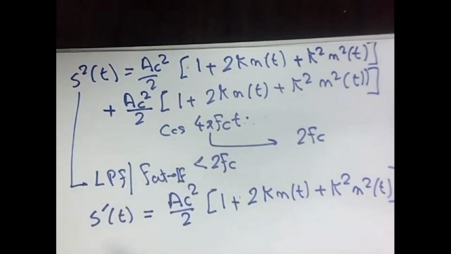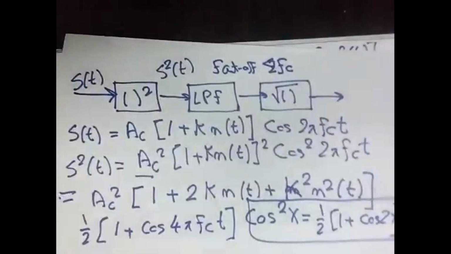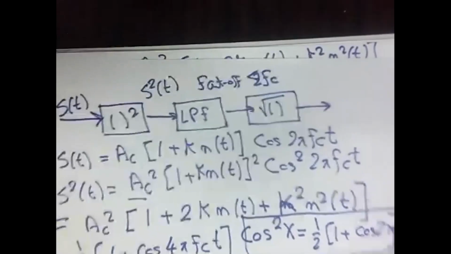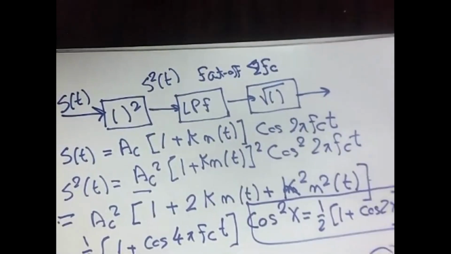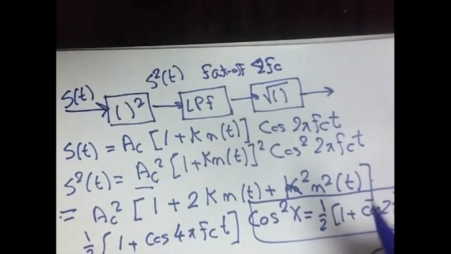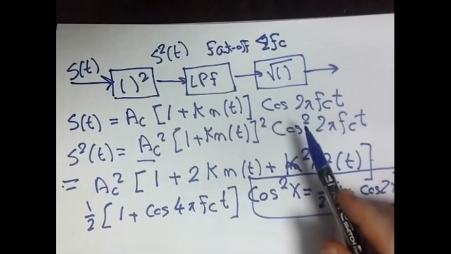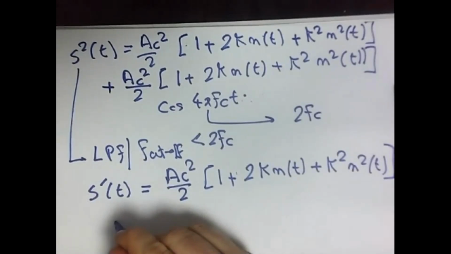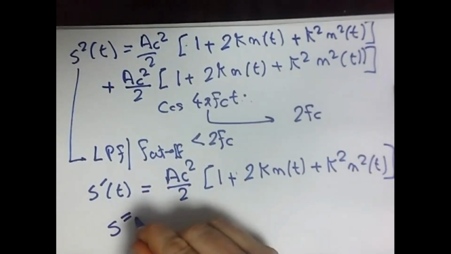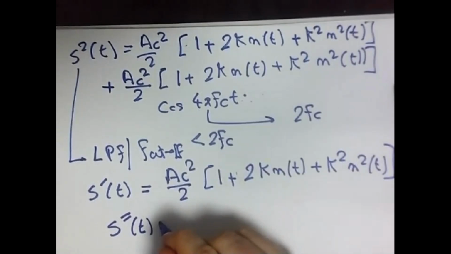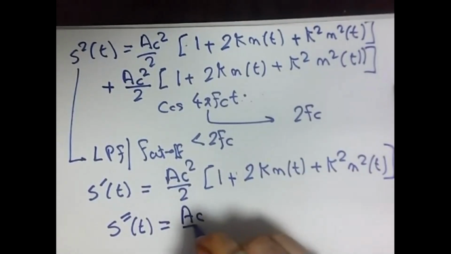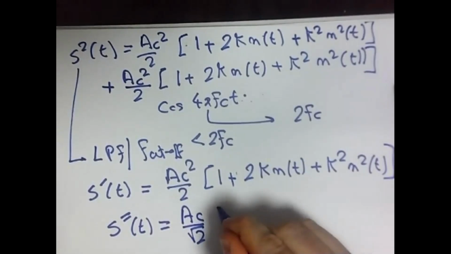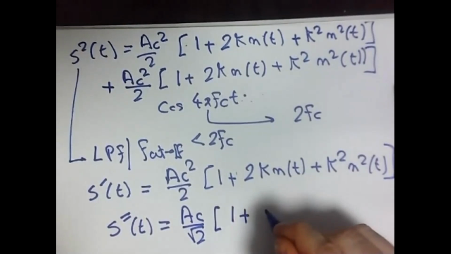Finally, you have this very simple square root block diagram. The output of this square root will simply be the square root of the input. So I'm just going to take the square root of this. Let's call it S double dash of t, which is the final output, equal to Ac over root 2 times 1 plus k m of t.